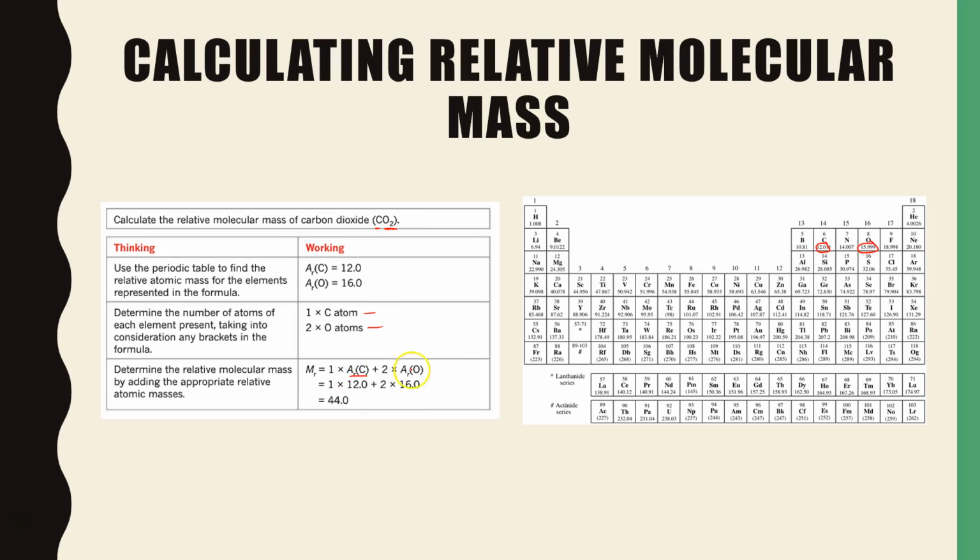We have one carbon atom and two oxygen atoms, therefore we have 12 for the atomic mass of carbon and 2 times 16, or 32, for the atomic mass of oxygen. Sum those together and our relative molecular mass is now 44. So we have added all of the atoms together to give our relative molecular mass of 44.